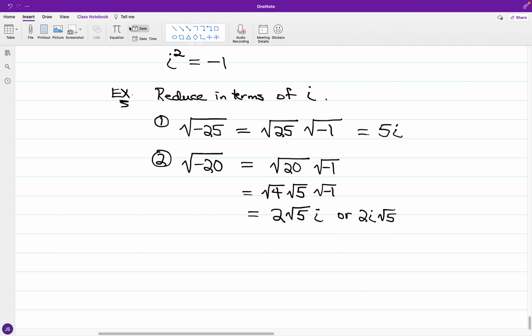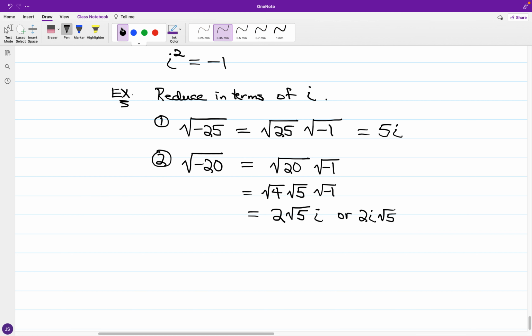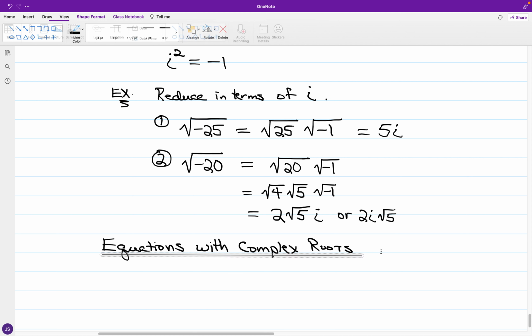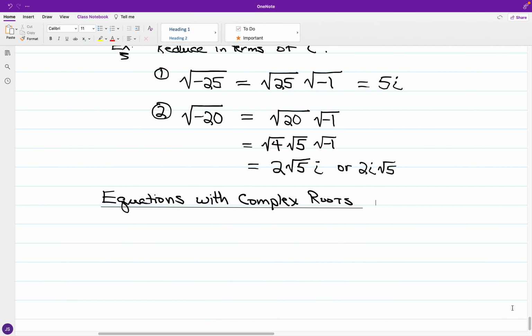Now let's say we have equations with complex roots.